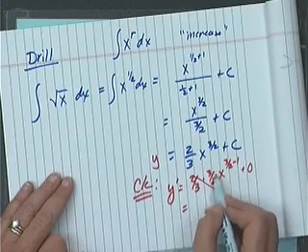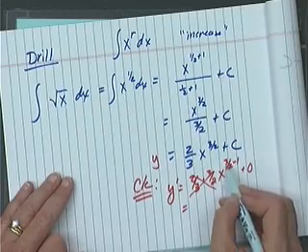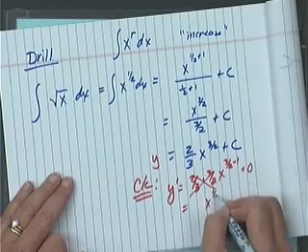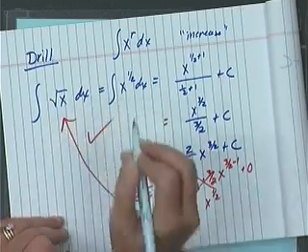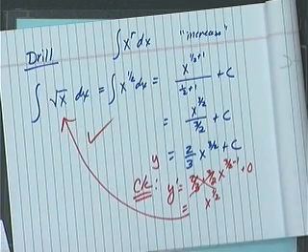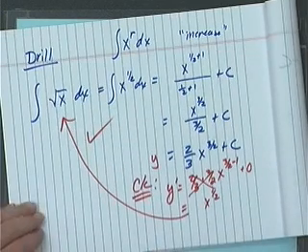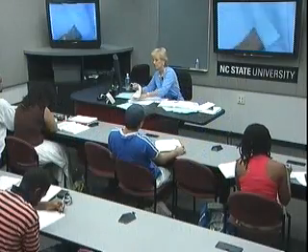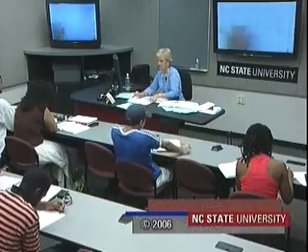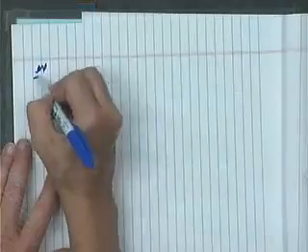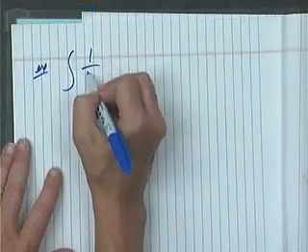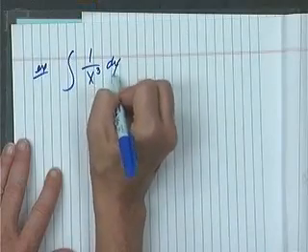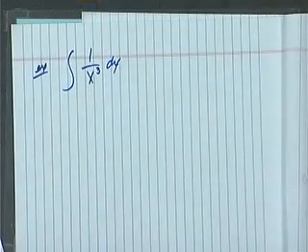So 2/3 times 3/2 cancels out. 3/2 minus 1 is 1/2. And we're happy. Check. Everybody got it? Questions? Everybody good? Okay, let's try another example. We want to integrate 1 over x cubed dx. 1 over x cubed dx.